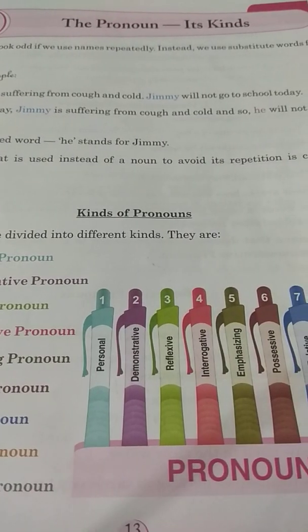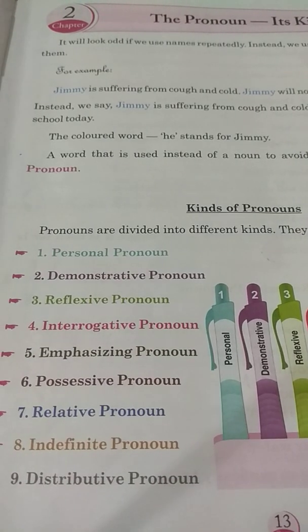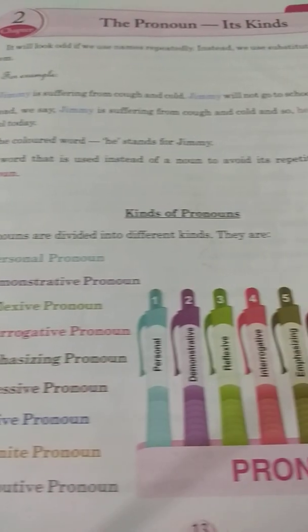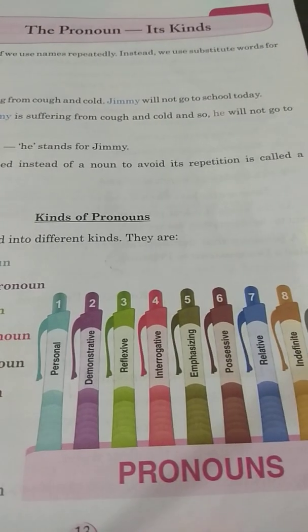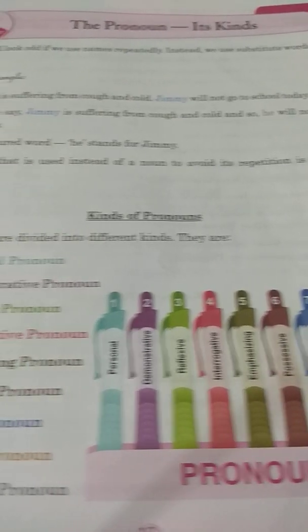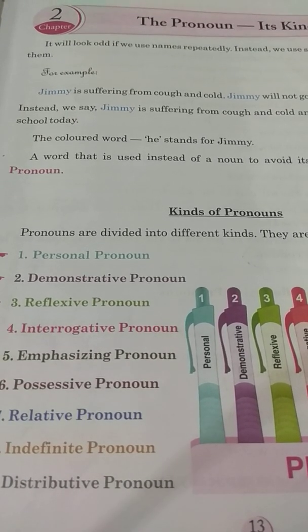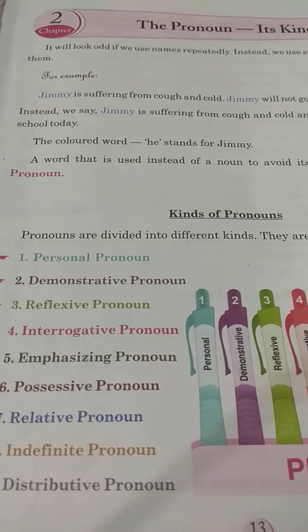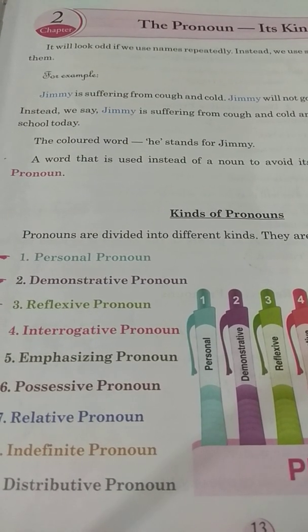Jimmy will not go to school today. Instead, we say Jimmy is suffering from cough and cold, and so he will not go to school today. So, in the second sentence, we use he instead of Jimmy.